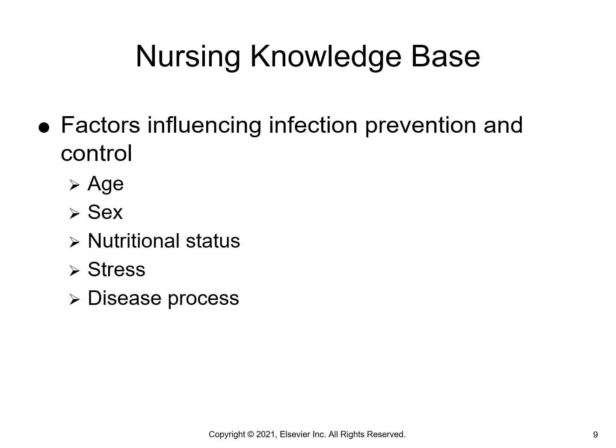So it only makes sense that these factors are going to influence the infection. Imagine if you had a large burn covering 30% or 40% of the body versus a 5% burn on my hand. That is also going to impact how I'm able to control the infection and fight it off.